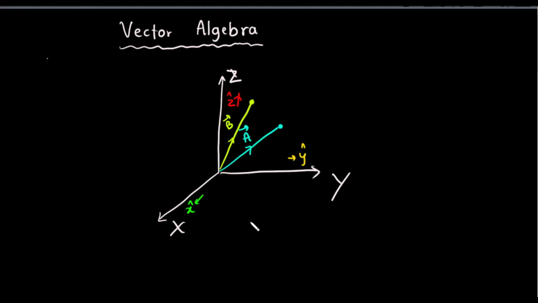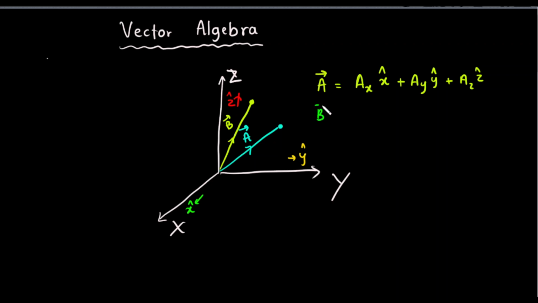These are the unit vectors along the x, y, z directions in a Cartesian coordinate system. So I can write the a vector in terms of x hat, y hat, and z hat. Here ax is the component along the x hat direction, ay is the component in the y hat direction, and az is the component in the z hat direction.